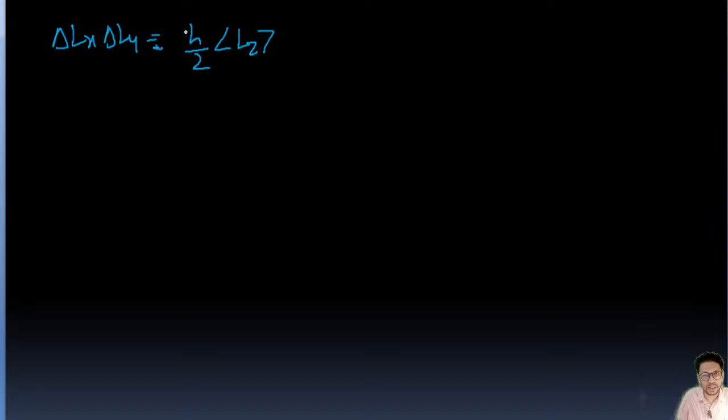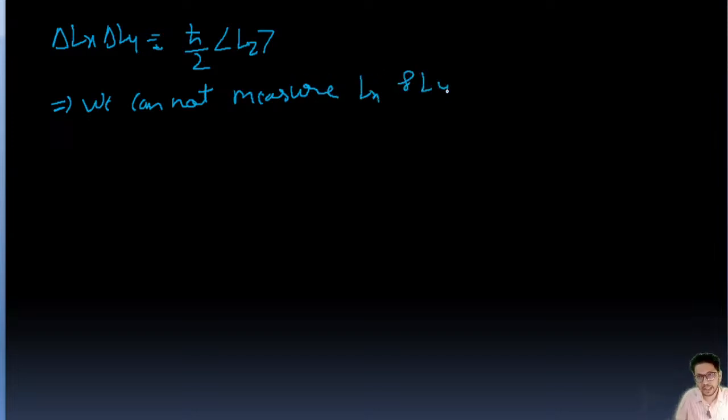This implies we cannot measure Lx and Ly accurately simultaneously. Okay, so we cannot accurately measure Lx and Ly simultaneously, because this is the value.